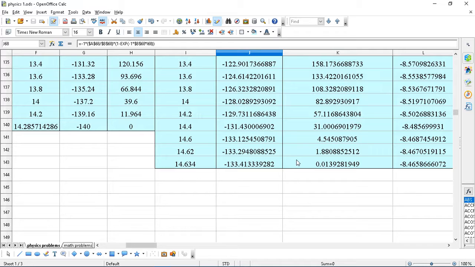You can change this last value here if you want to get a better approximation to 0.